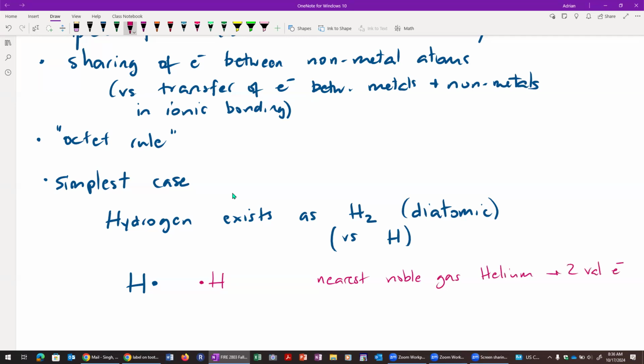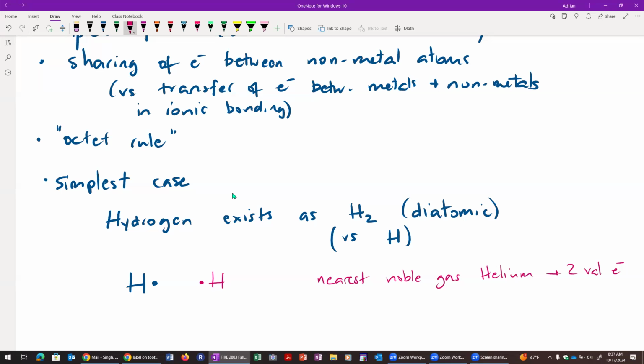So this is an exception to the octet rule. Helium has 2 electrons in that first shell, and that makes it super stable, because that first shell can only hold 2 electrons. So that first shell is full for helium.